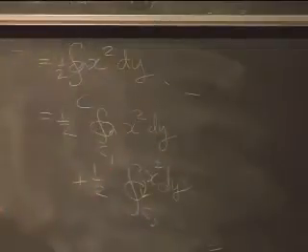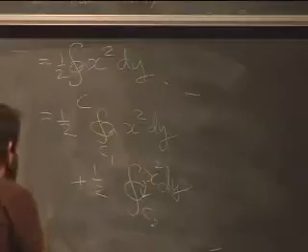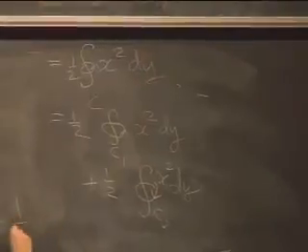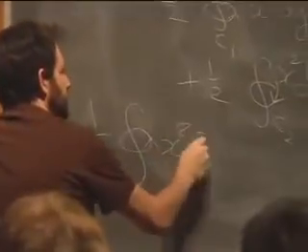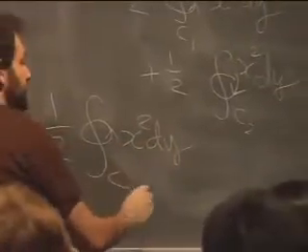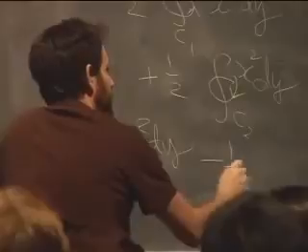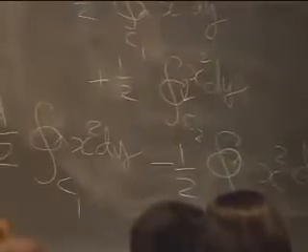So the best thing is to flip the middle one with a minus. So my final expression is going to be 1/2 the integral going counterclockwise of x squared dy over the outer circle, minus 1/2 the same thing, again going counterclockwise, over the inner circle, x squared dy. So we have to compute both these things. Let's start off with the outer circle.